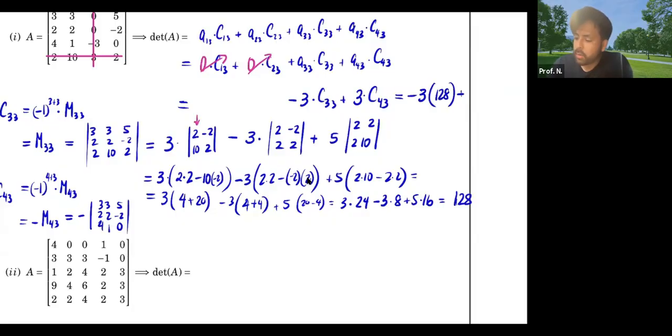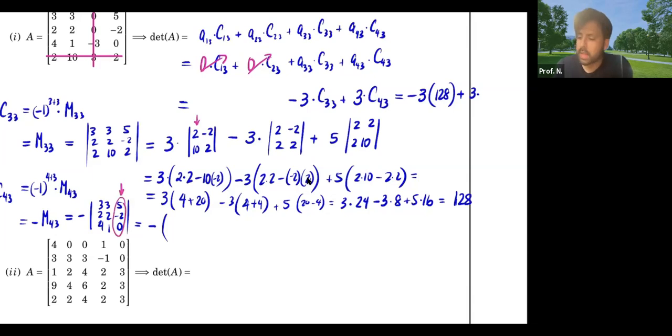And now I'm gonna do the same thing for C43. What is C43? So be careful with the negatives, guys. This is negative parentheses. You can do it across any column, any row. I'll do it across the third column because I see a zero. I'm gonna use a zero. So I'm gonna do the cofactor expansion along the third column.